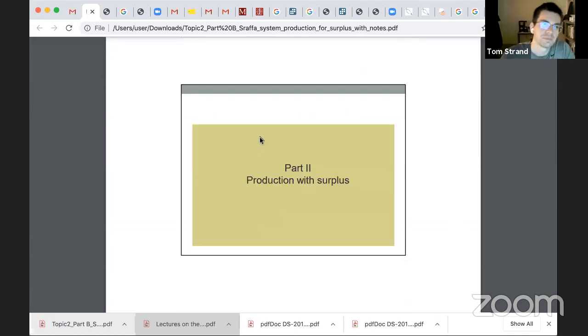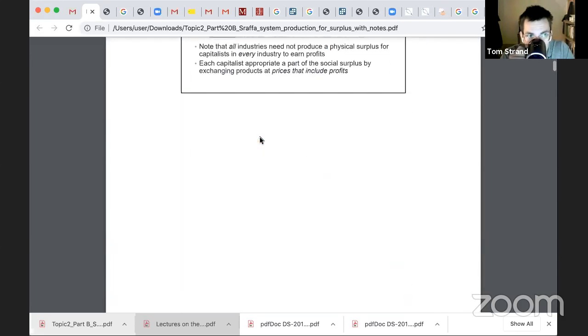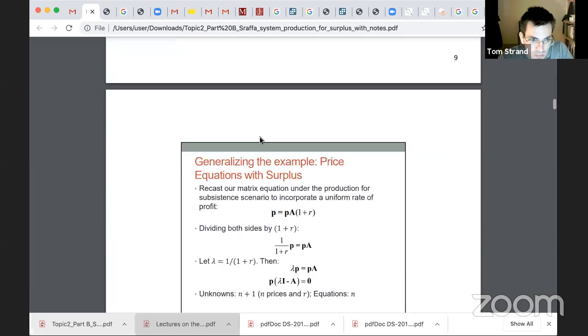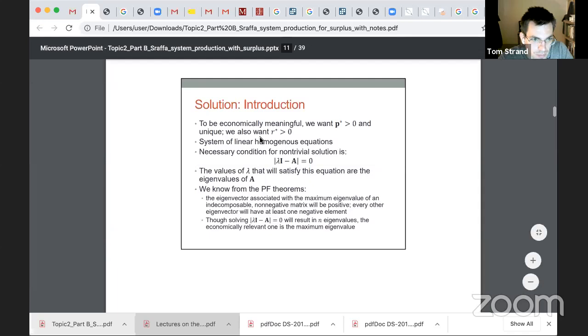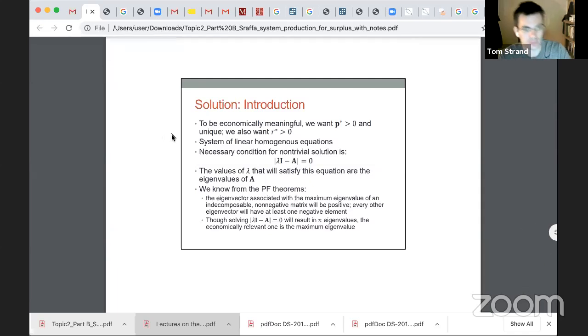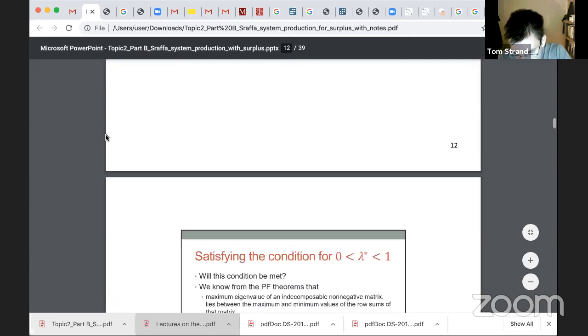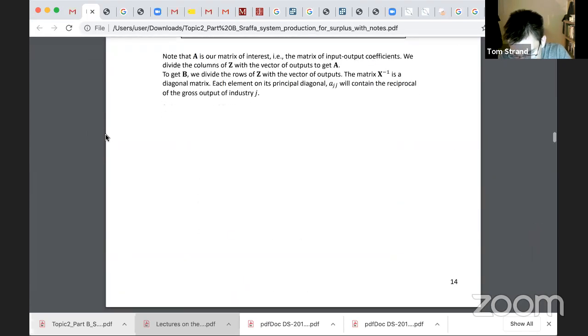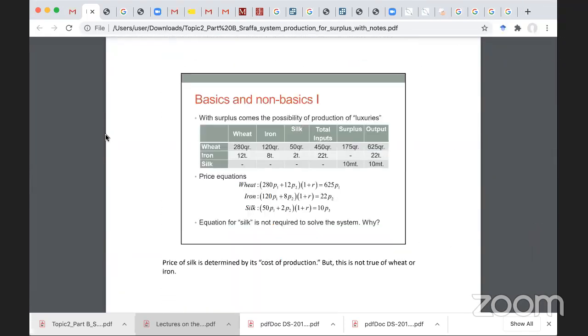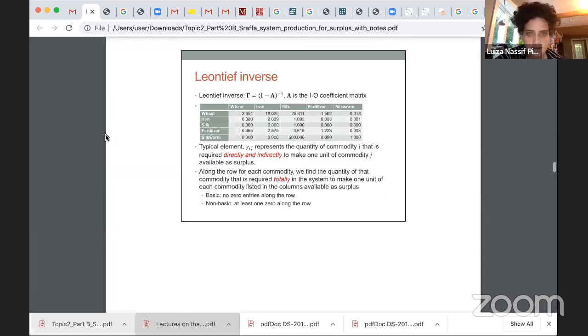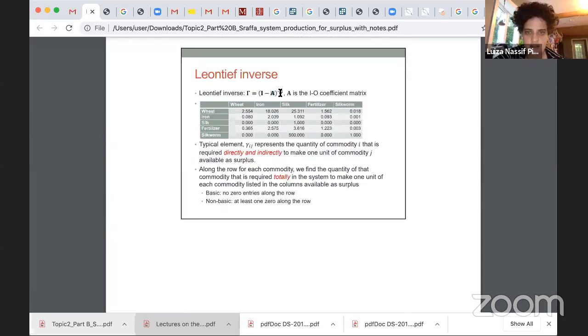Okay. Where is the Leontief? It's towards the last, I guess. Yeah, last slides. Yeah, here. There it is. So this is the formula for the Leontief matrix.